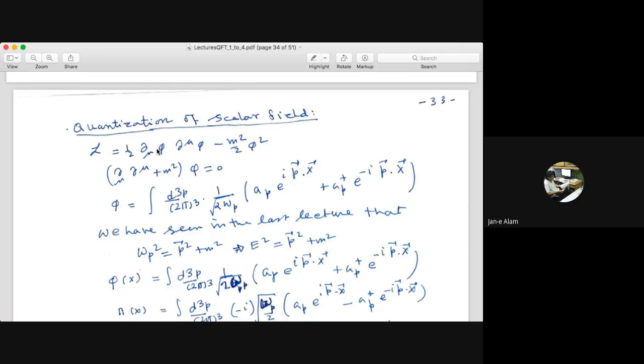I had written down the action for this Lagrangian, and from that action I got this equation, which is the Klein-Gordon equation for the scalar field phi.